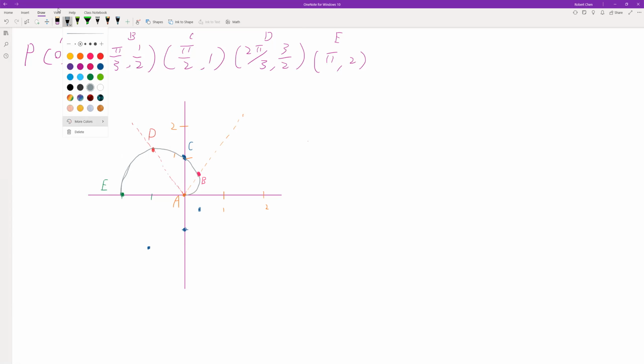Then finish your graph, circling back. Actually, this is a little too low. Then you want to circle back like this. It's not too bad.